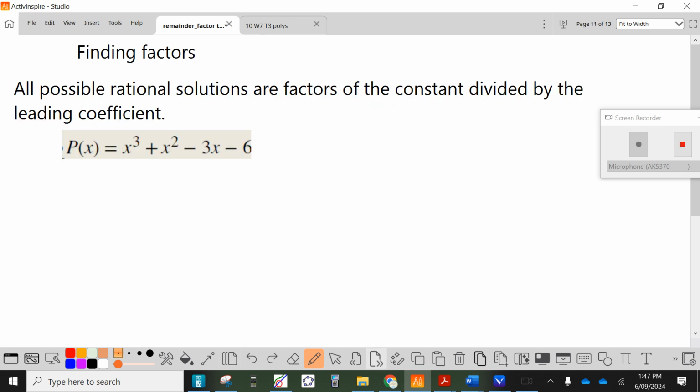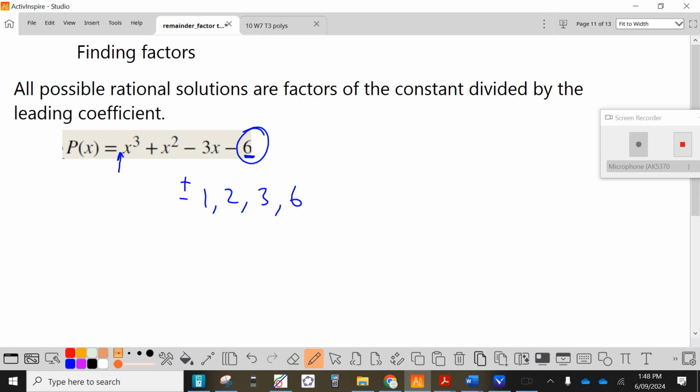Okay, some tricks for finding factors. All the possible rational solutions are factors of the constant divided by factors of the leading coefficient. So in this case, leading coefficient being 1 means that all the possible rational solutions will be either 1, 2, 3, or 6. They are factors of 6, but plus or minus those factors.